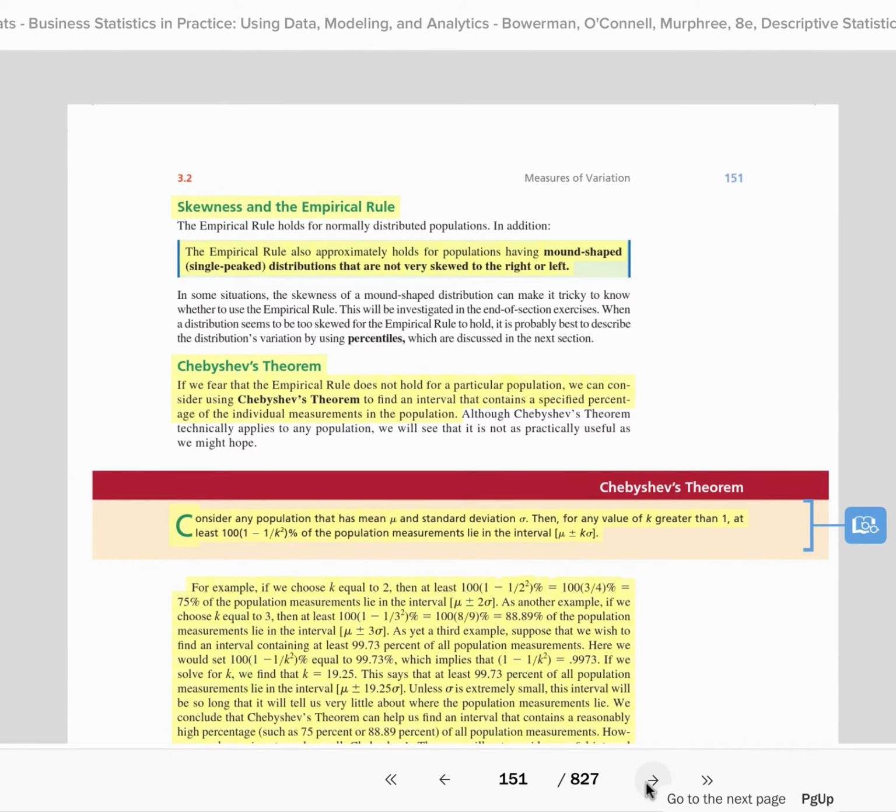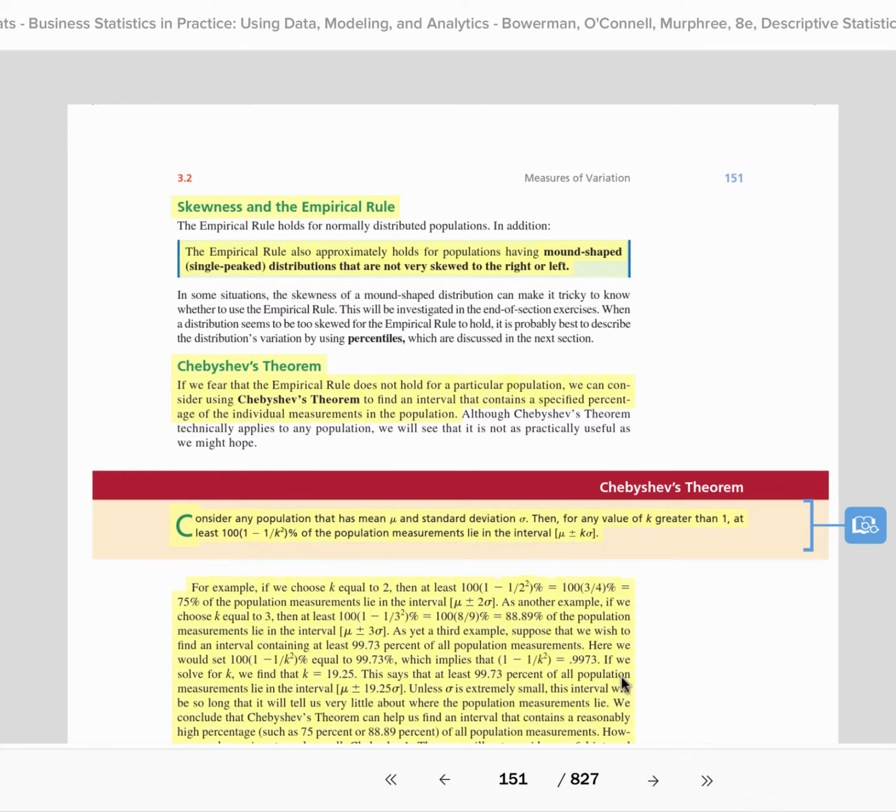Now, in case we have skewed data, the empirical rule doesn't work anymore, because when you have data skewed left or right, you don't have the distribution equally distributed around the mean.